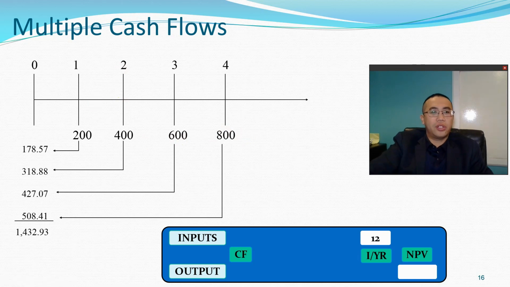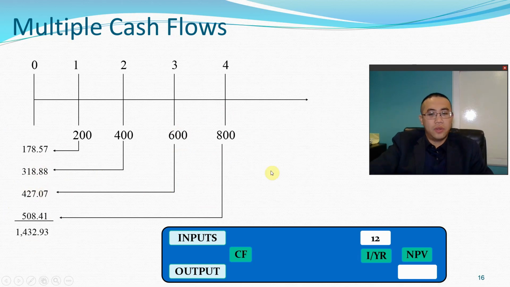So you're going to discount each of the future values. 200 discounted by 1 year with a 12% rate will be 178. 400 discounted by 2 years with a 12% rate is $318. And then 600 discounted, 800 discounted. And then you add them all up to get this net present value, that's 1432. You do not have a negative number here. If you have a negative number, then one of the present values would be negative.